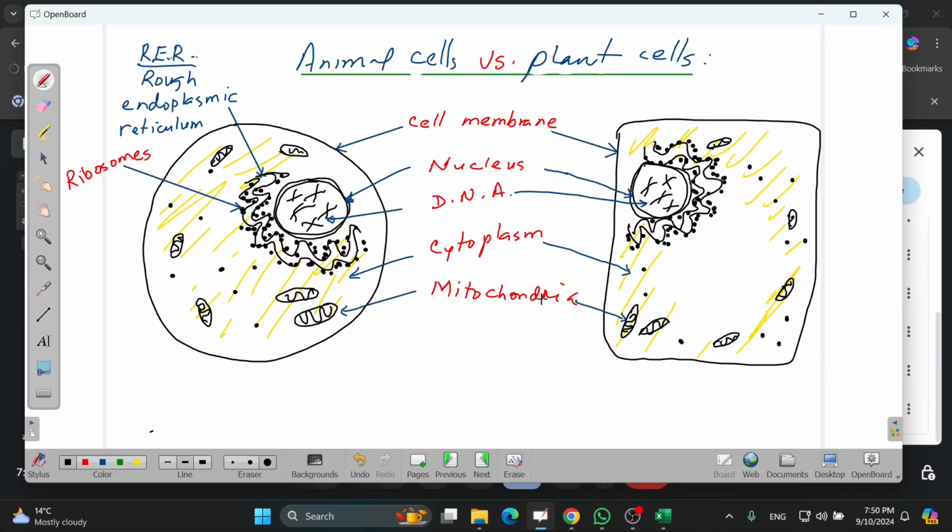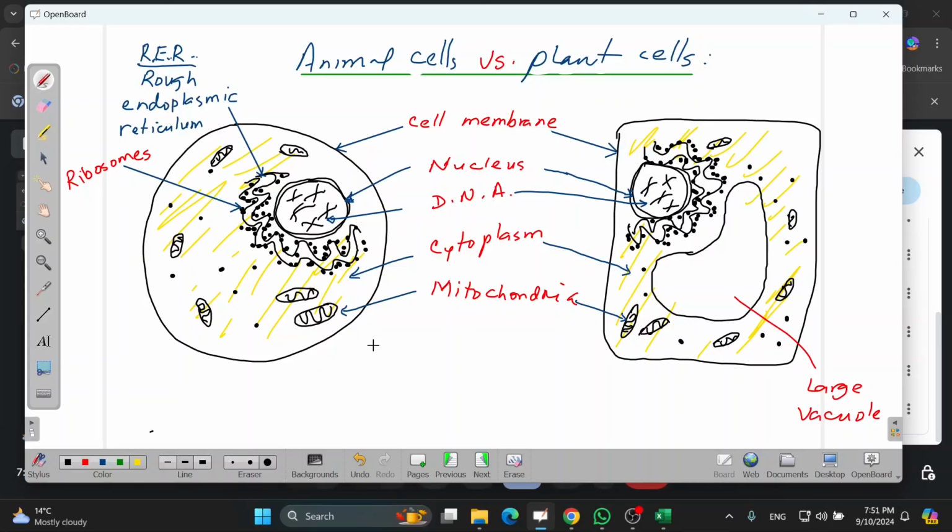Now let's see, the plant cells have some other structures that we don't have, right? Like for example, look, I left this space here in the middle kind of empty because all this area is taken up by this structure that is called the large vacuole. A large vacuole.